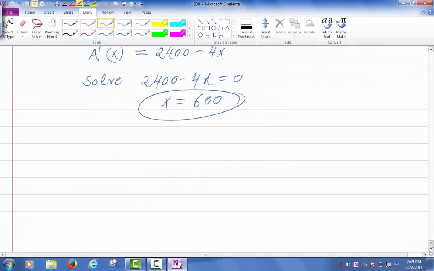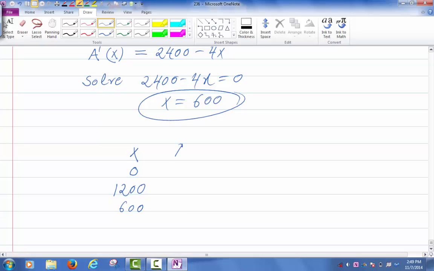Now, remember, if I have a continuous function on a closed bounded interval, then the maximum value occurs at the critical point or at the end points, right? So all I have to do is figure out the value of the function at the end point 0, at the end point 1200, and at the critical point 600.